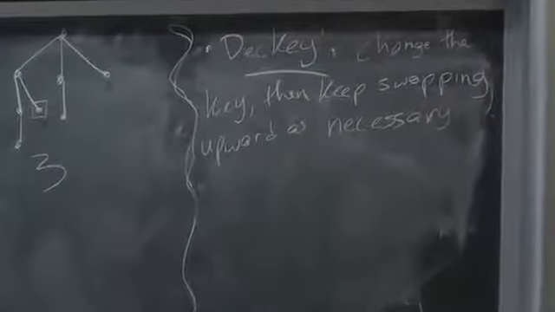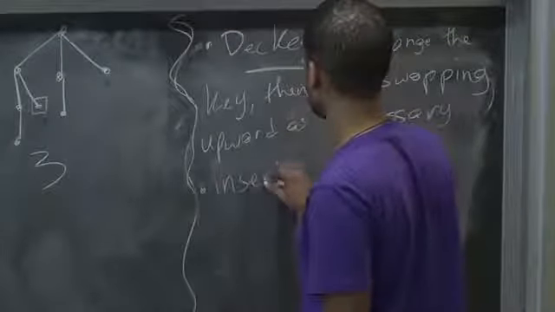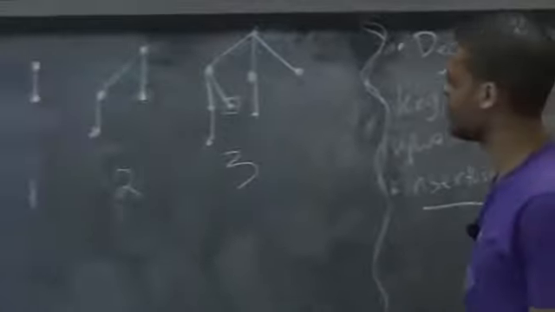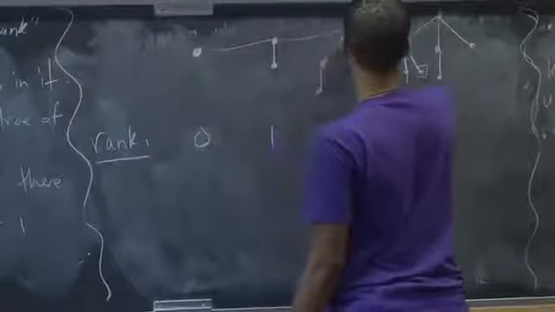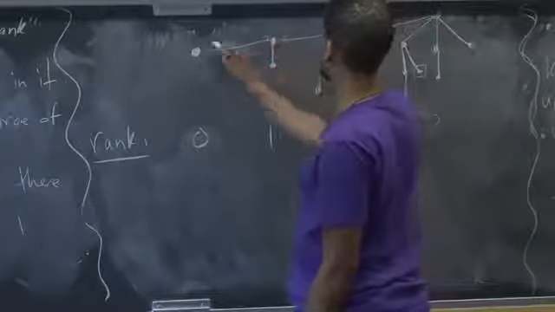Okay. How about inserting an element? Again, maybe this is what our binomial heap looks like. We'll store all these roots in a linked list, a doubly linked list.